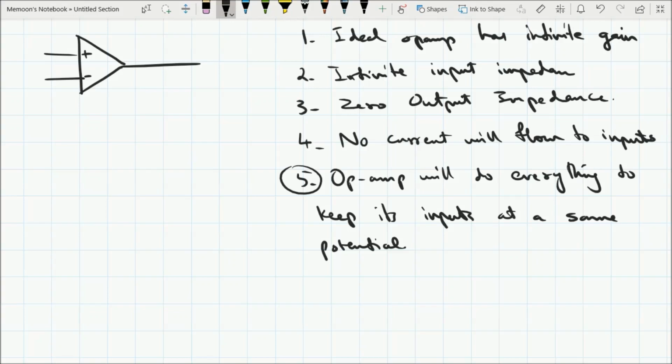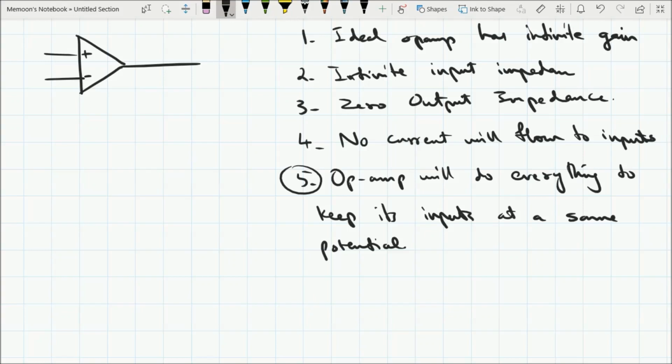What is an open loop? An open loop is when there is no feedback and no connection between the inputs and the outputs. And as you can see right here in this op-amp, there is no connection between the output and the inputs. So this is an open loop configuration.